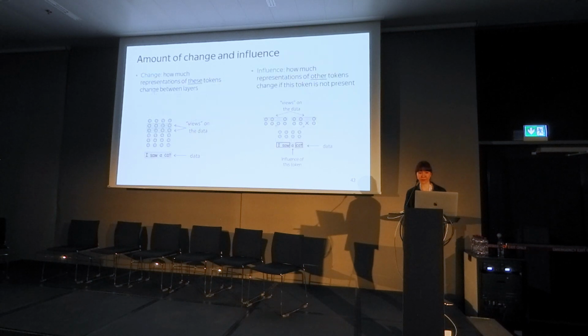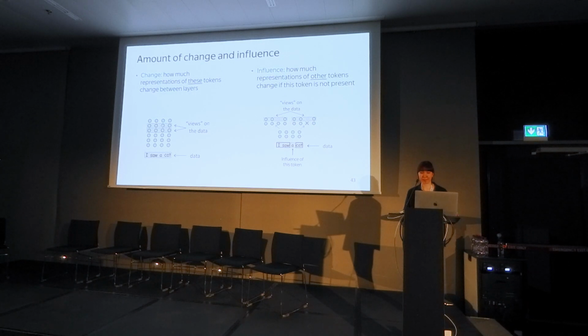Okay, and now we'll look at the amount of change and influence for tokens of different frequencies. So we know that tokens in a sentence interact with each other. In these interactions, they can play two roles. On the one hand, they can influence others by giving some information. On the other hand, they are influenced by others. It means that they consume information and change themselves.